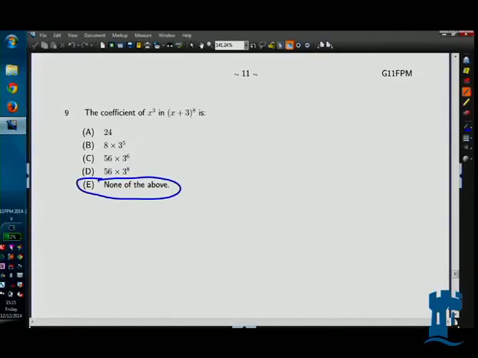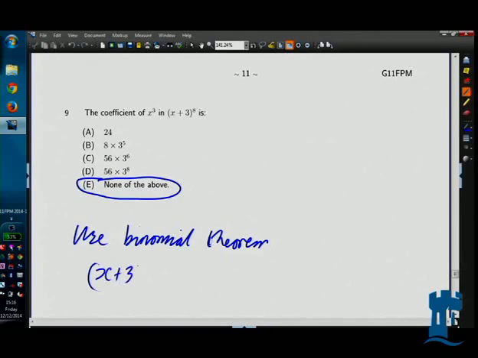So we're using the binomial theorem here. And we want the coefficient of x cubed in (x plus 3) to the 8th. Here's one way of doing the binomial theorem. It starts with x to the 8th. Oh, no, x cubed I wanted.